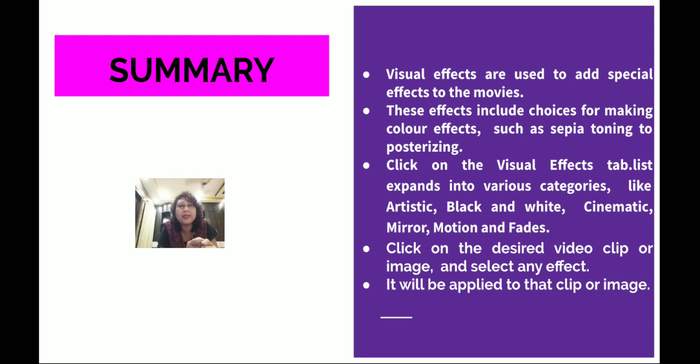In order to apply the visual effects, we click on the visual effects tab, and the list will expand into various categories like artistic, black and white, cinematic, mirror, motion and fades. From there you click on any one, click on the desired video or image, and select one, and it will be applied to that particular clip or image.